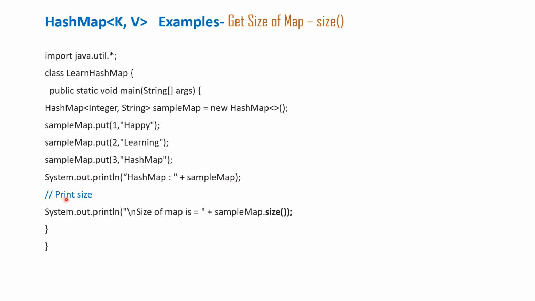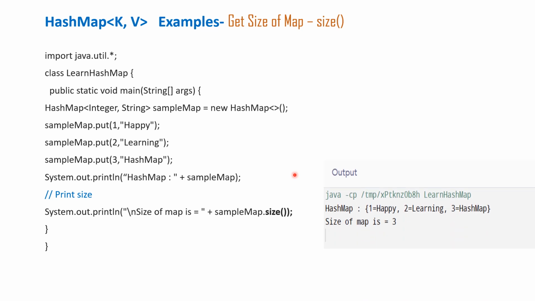So how to print the size here? Printing the size here, we take sampleMap, the object we created and added the elements into, right? The same object we have to take, and if you do dot, we'll see this size method. So directly we can get the size of the whole HashMap.